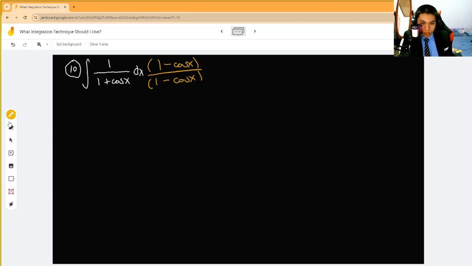So this will be the integral of 1 minus cosine x over 1 minus cosine squared x, dx. And we know that 1 minus cosine squared x is the same as sine squared x.